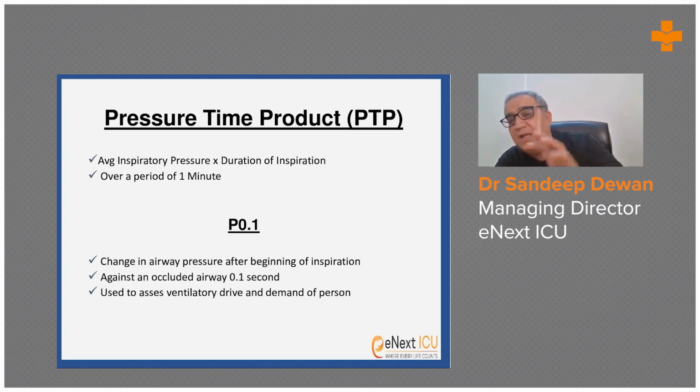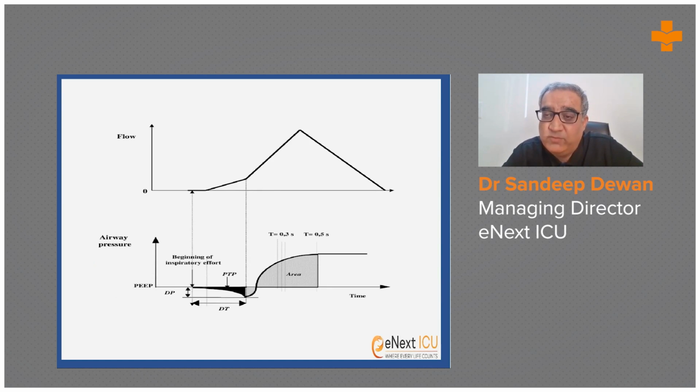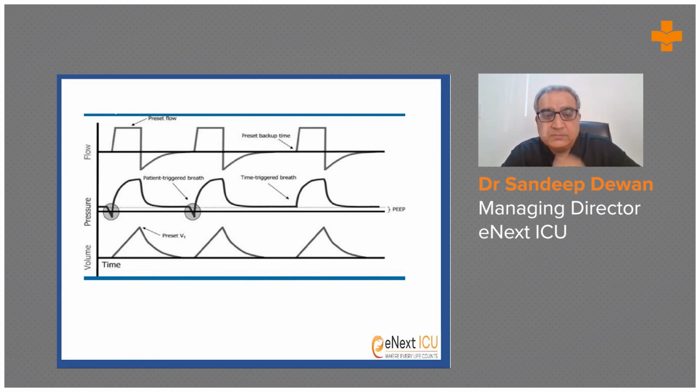So we actually ask the patient to breathe against the occluded airway, and we assess the ventilatory drive. P0.1 gives us a very, very important indication whether the patient is ready, whether the muscles of the patient are ready for weaning or not. And if they're not ready, we do not start removal of the ventilator. So P0.1 is another pressure that one must be aware of before you start ventilating.